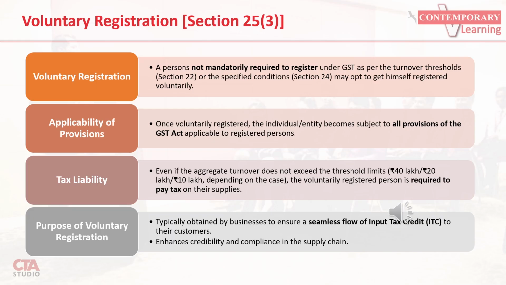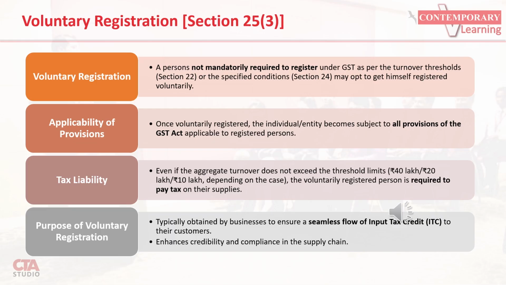This is entirely at the discretion of the business. Applicability of provisions. Once voluntarily registered, the individual or entity becomes subject to all provisions of the GST Act applicable to registered persons. There are no special relaxations just because you registered voluntarily.